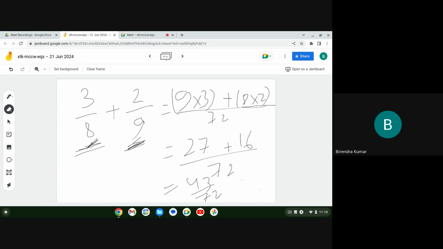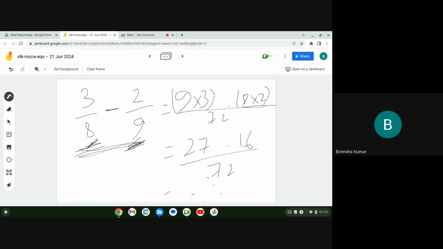So let's say it was not addition, it was subtraction. Everywhere I have a plus, I will replace that with a minus. What I would have done in case of subtraction is the same thing. First I did the LCM for 8 and 9, I got 72. I put 72.